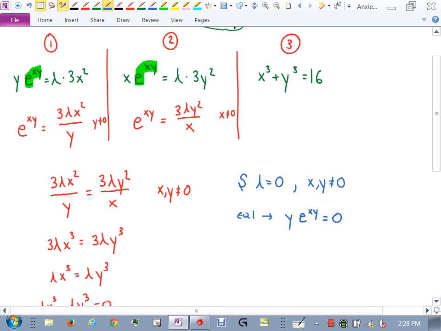And e to anything can never be 0, right? So that means y would have to be 0. Is everyone clear that I can divide both sides by e to the xy, get it out of here? Because that's always a positive number. So don't have to worry about division by 0. So now I just get y is 0, but what's that?